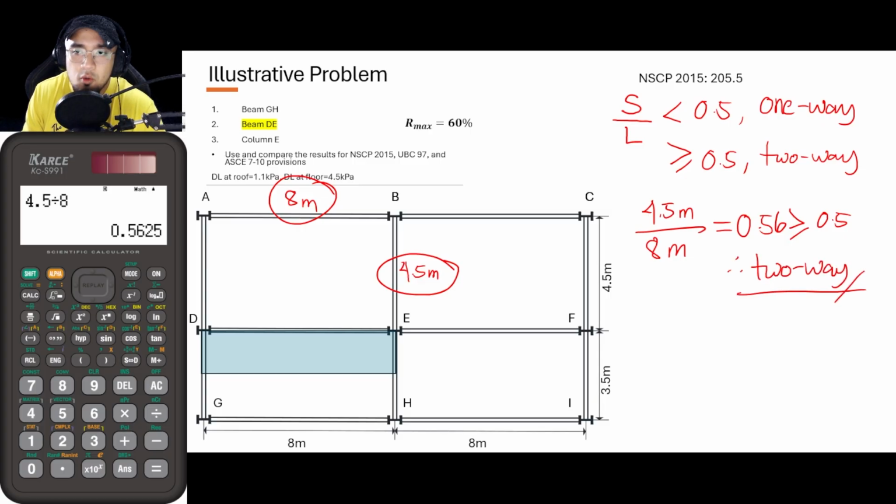So since it is two-way, it will not transfer the load in a one-way distribution. Self-explanatory: when we say two-way, it will transfer all of the loads in two directions, that is, vertical direction and horizontal direction. In order for us to know, from the corners, we will be drawing a 45-degree line.